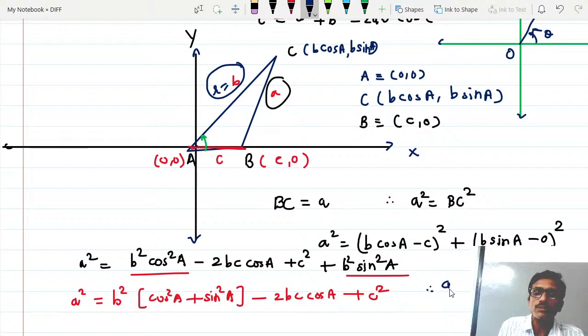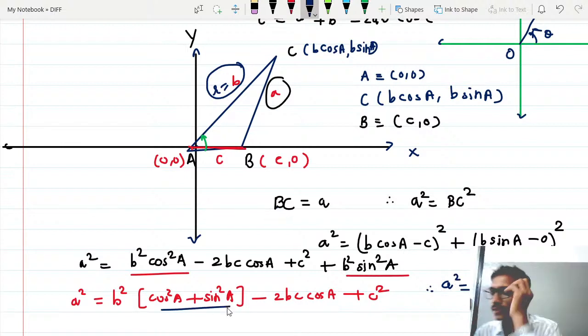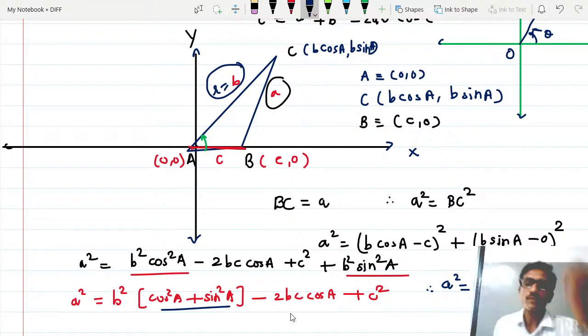Therefore a square is equal to, cos square A plus sin square A, everybody knows it is equal to 1.